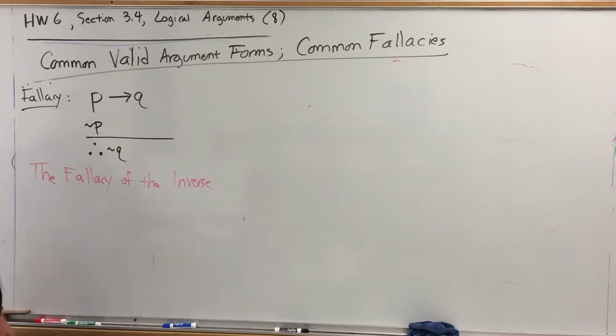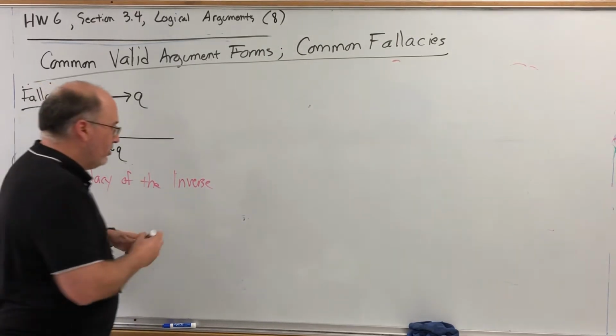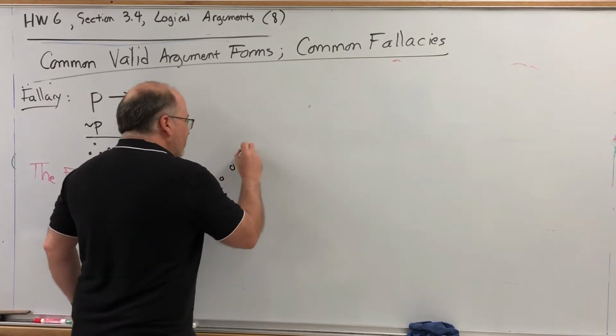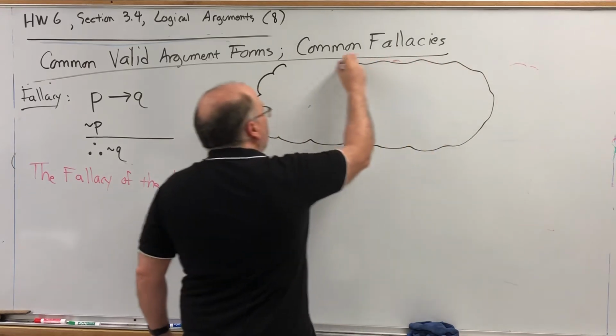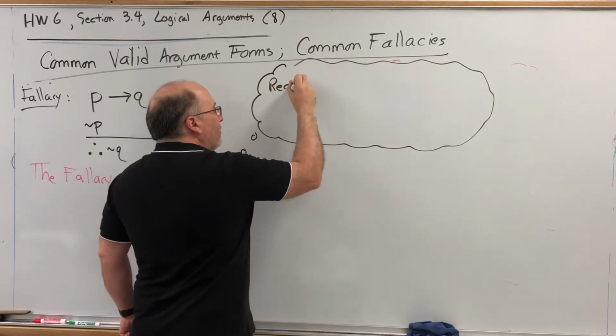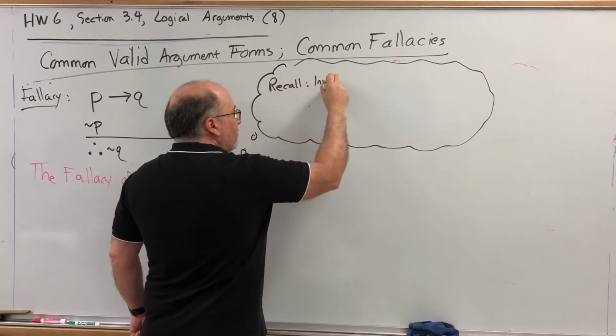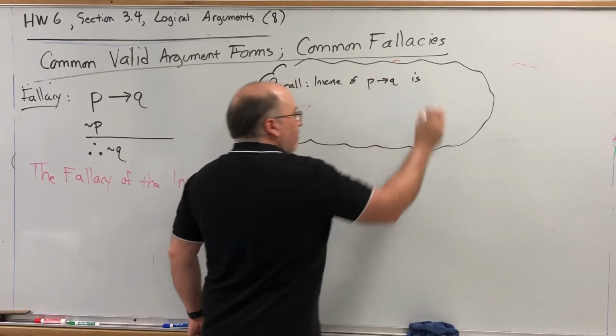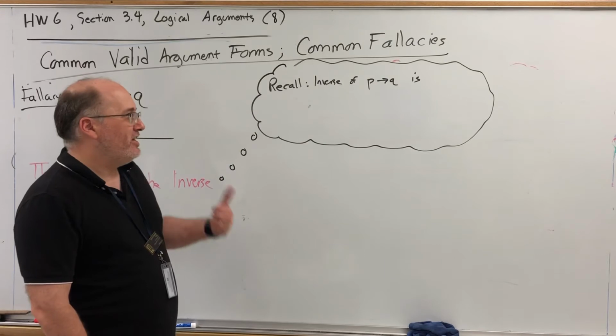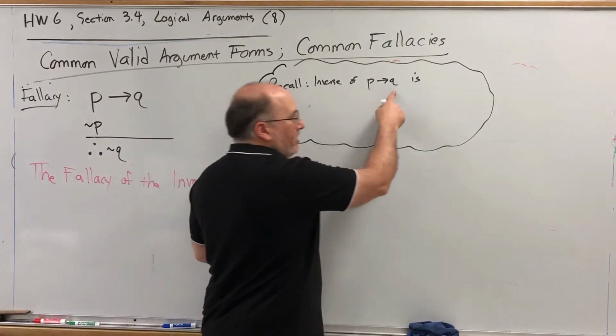Why is it called the fallacy of the inverse? Well, if you go back to the video about types of statements where we talked about variations of a conditional, one of them was called an inverse. So if you just want to recall, and this is what I call a thought cloud, recall that the inverse of a conditional, P pointing to Q, you form the inverse by taking the negation of both the antecedent and the consequent.